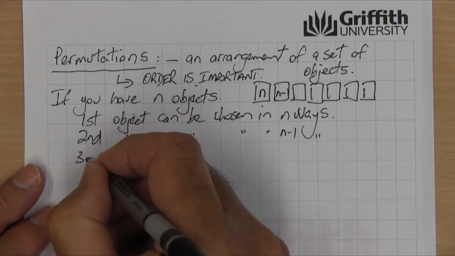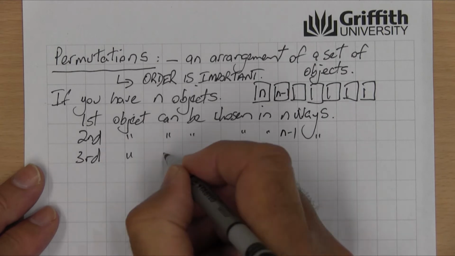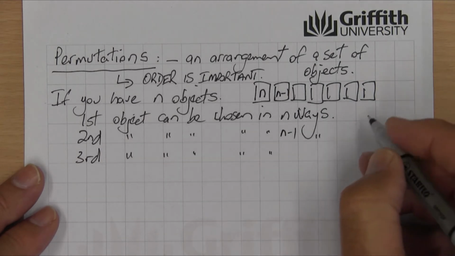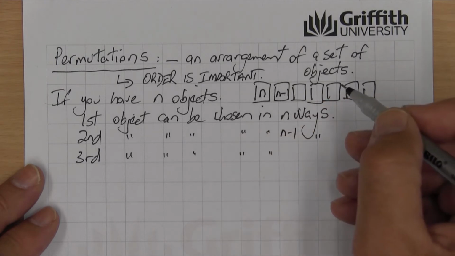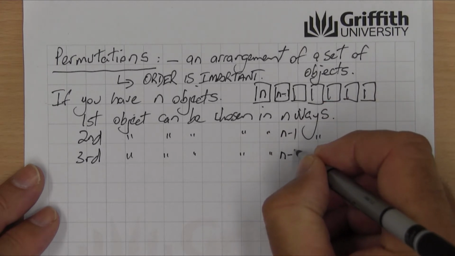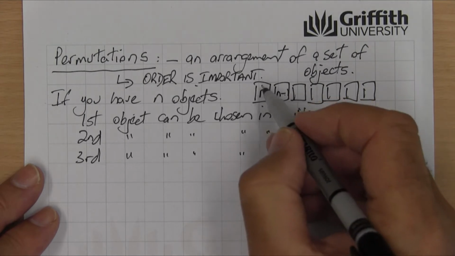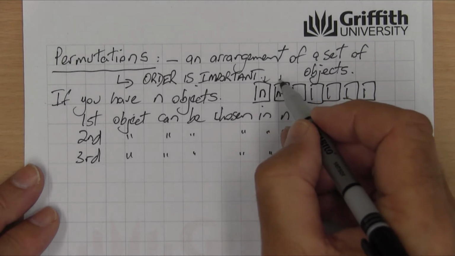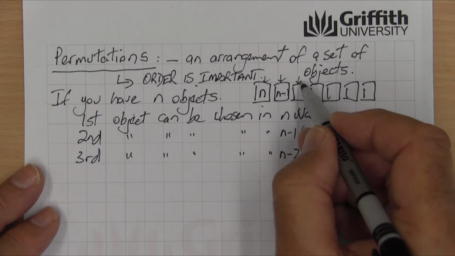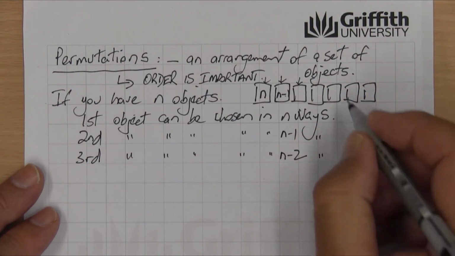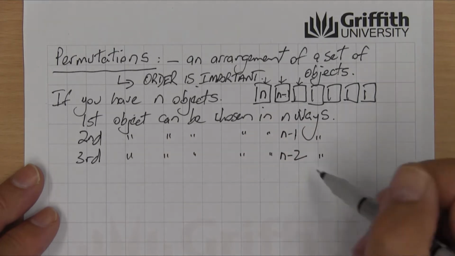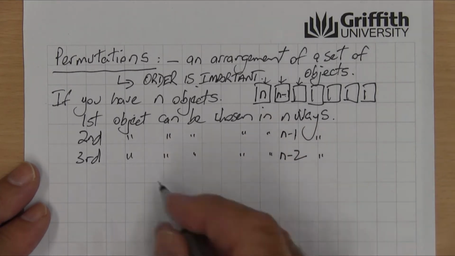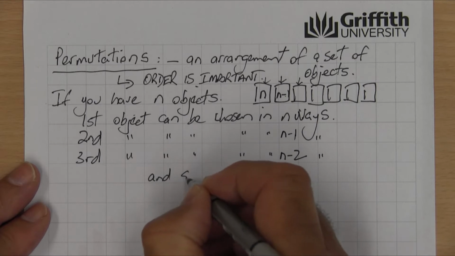The third object, so we've used 1 here, 1 there, so we've got 2 less, so it'll be n minus 2. So notice that this is the first, this is the second, and this is the third, and that this is 1 less than that. So this is going to be important a little bit later, and so on.